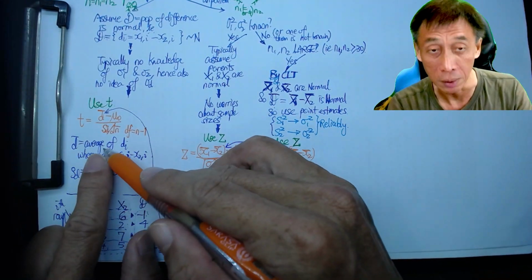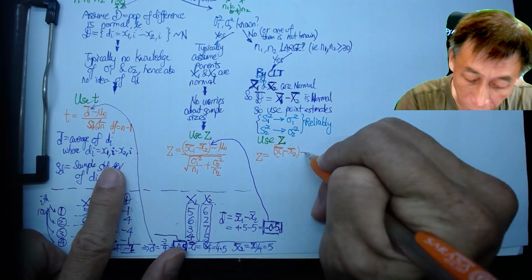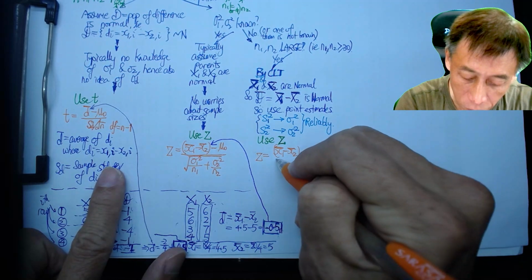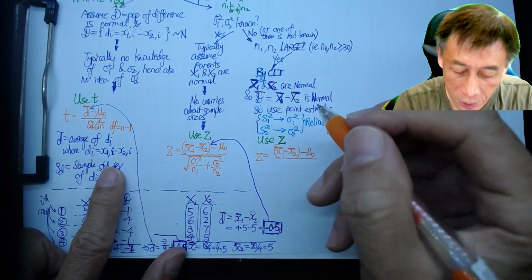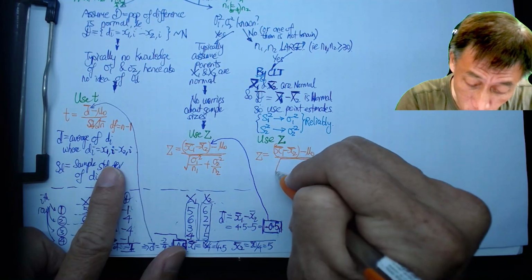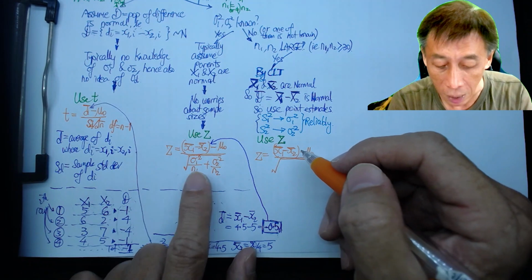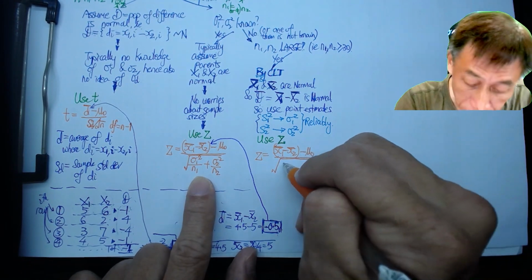So D bar is the mean of the differences of the individual values. We subtract off the hypothesized value that is in the hypothesis. Then for the Z formula, we take the square root of the variance sum of X1 bar and X2 bar.